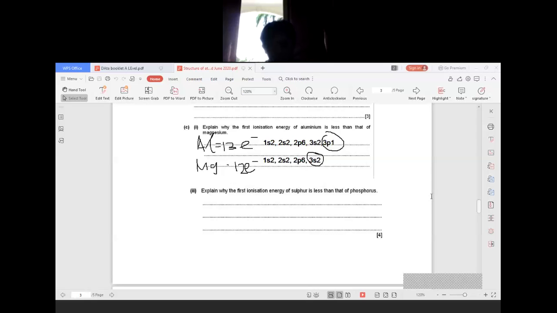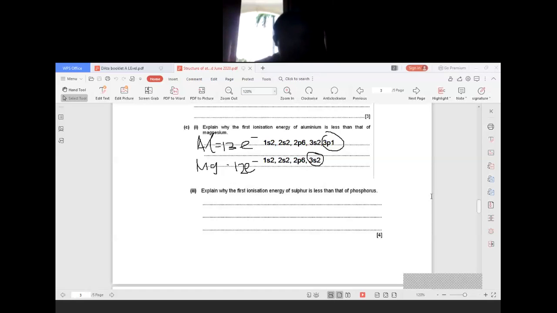Electrons in the p orbital have higher energy than in the s orbital. But the s orbital has more nuclear charge than the p orbital, or in other words, the p orbital has more shielding.